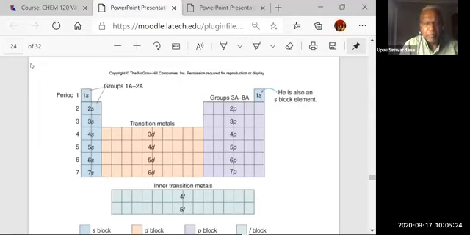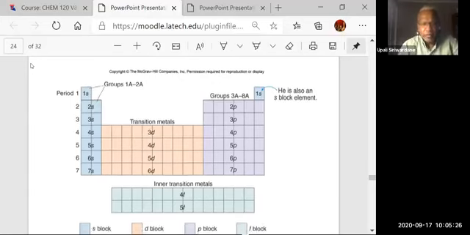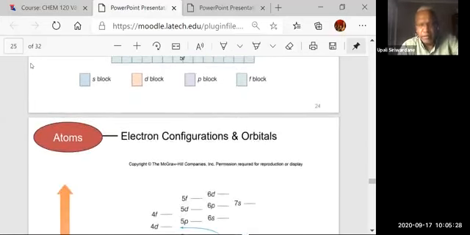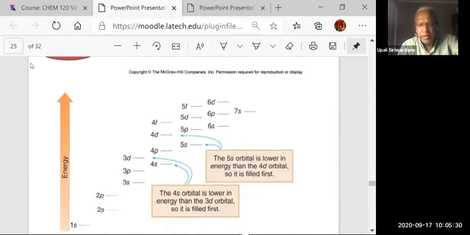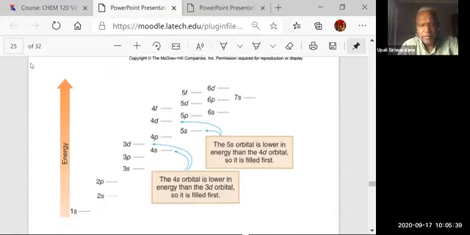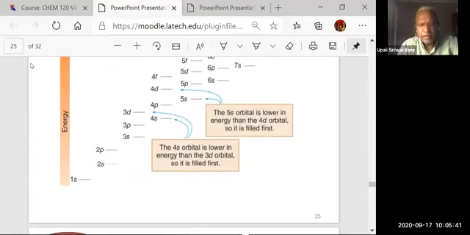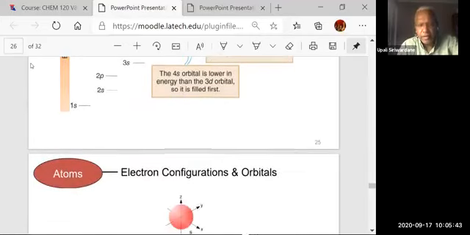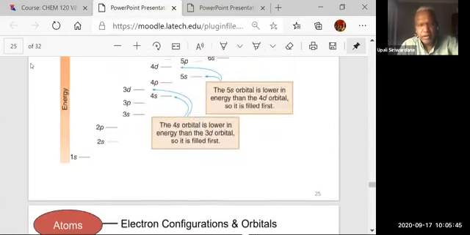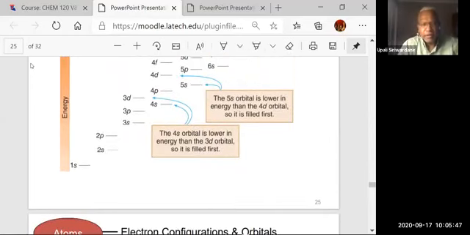So you can do the problems sometimes that way. It is shown here how they are filled, but this diagram is not well understood. But one thing you have to know from the periodic table is that 4s electrons are filled before 3d electrons, on the way it's going around.